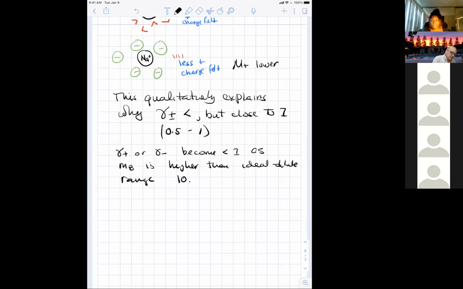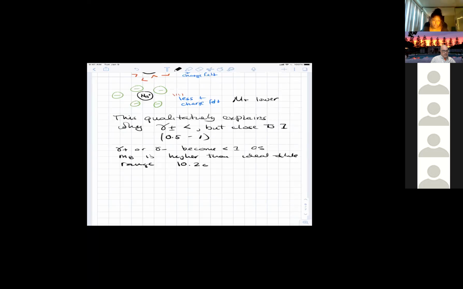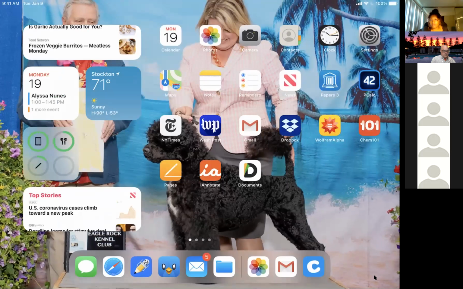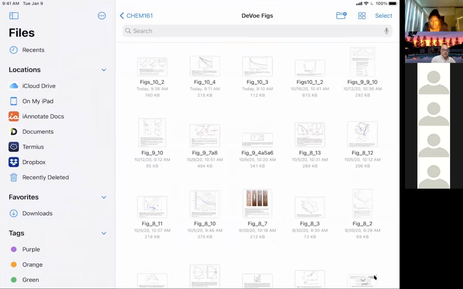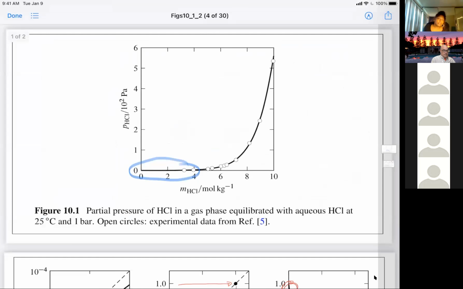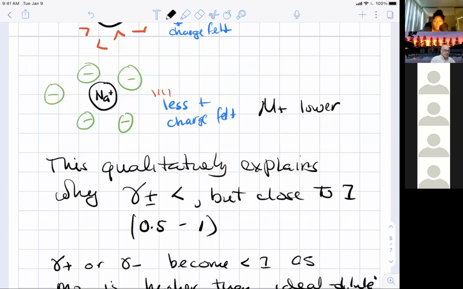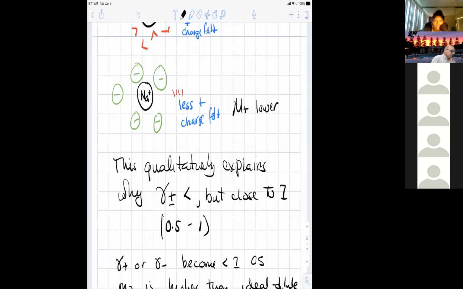The particular example is figure 10.2c. Again, we looked at this at the very beginning. Right? That's this effect here. It's really moderated, much more than you might expect if you thought about it in a vacuum.